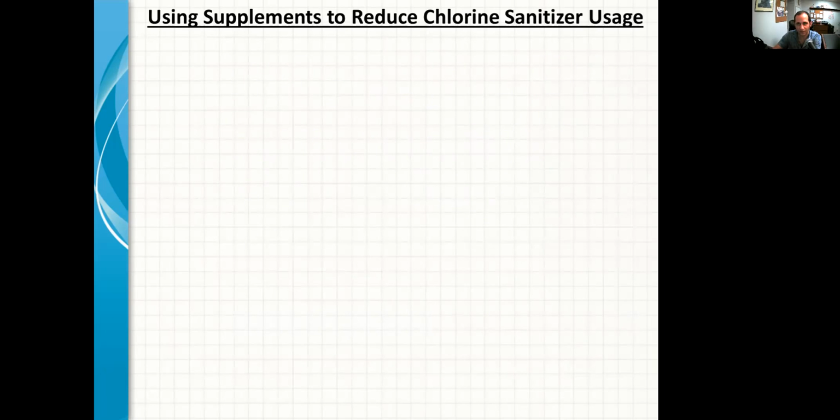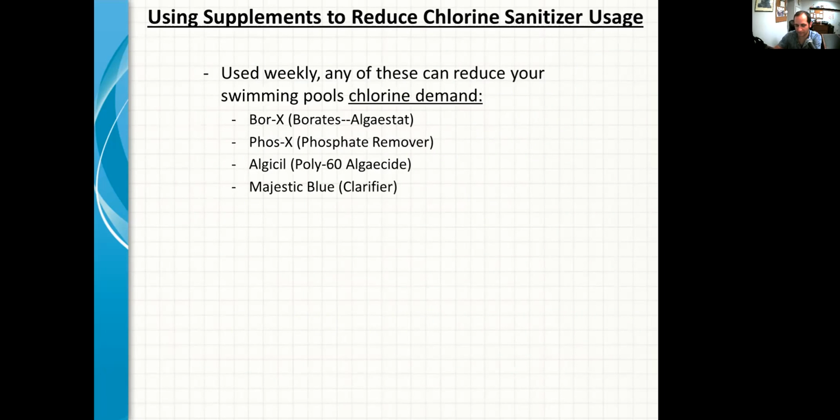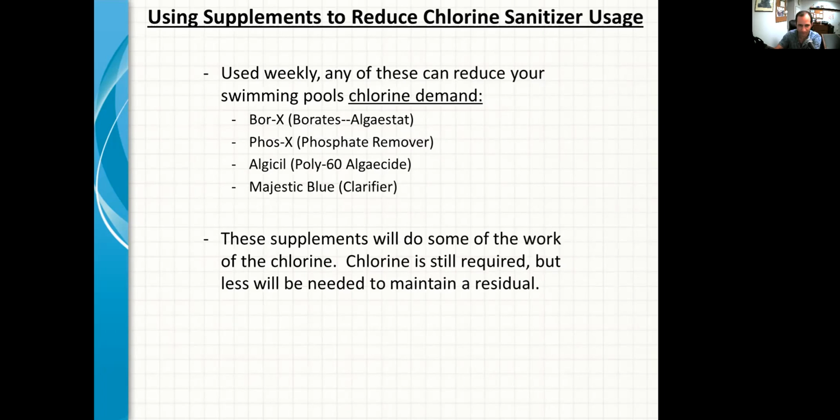So I want to also mention, with the chlorine shortage this year, and just in general as a good practice, if you use any algicides or borates, if you have phosphates, regularly using Phosex or a clarifier, any of these things used weekly will decrease your chlorine usage, because it'll take on at least some of the workload of the chlorine.